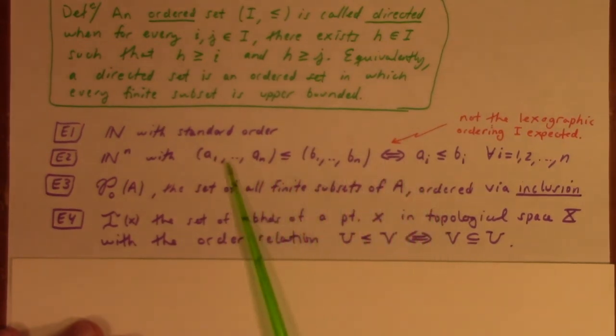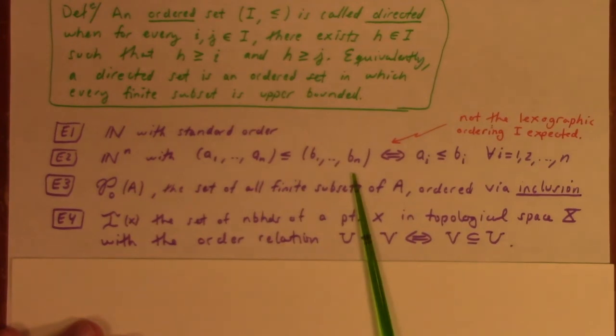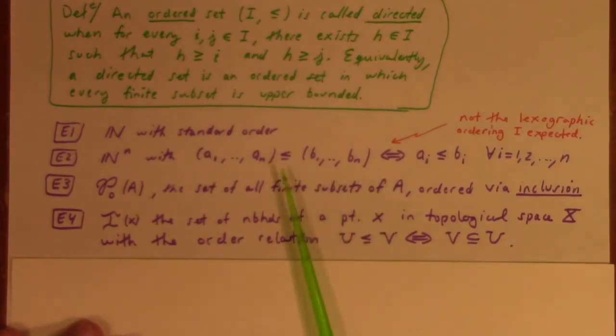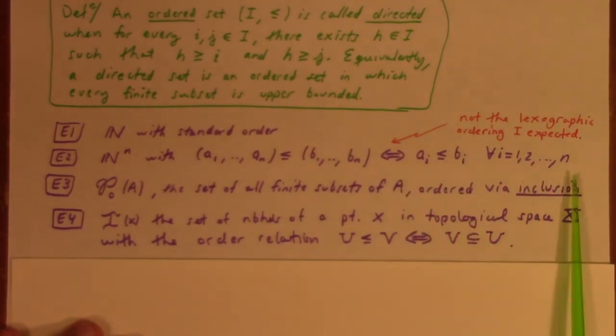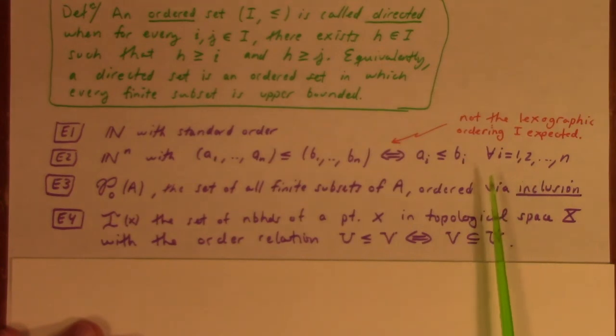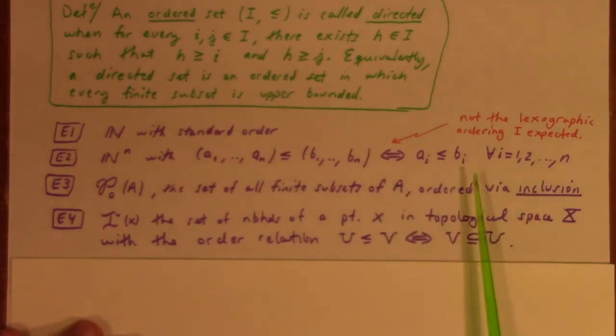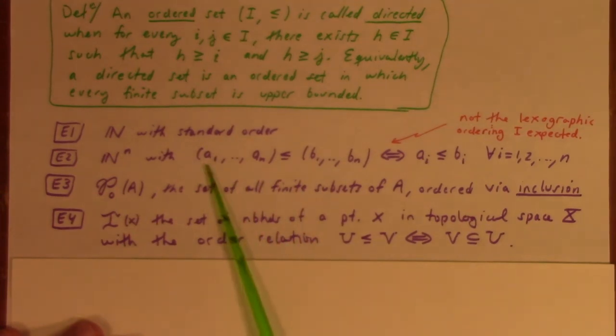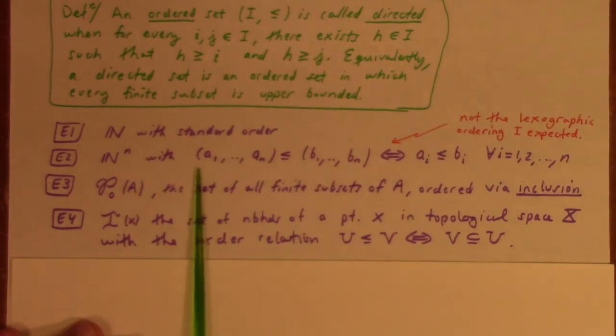Usually when I look at this in topology, you can give Cartesian products of sets an order using the dictionary order, the lexicographic ordering. And lexicographic ordering wouldn't insist that this is true all down the line. It's just like alphabetical order, right?